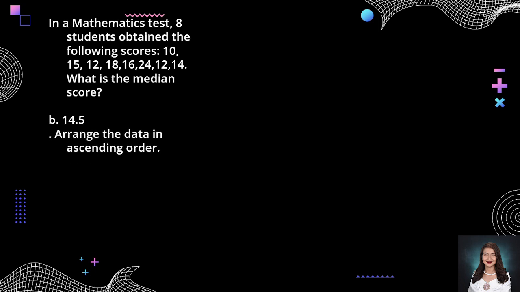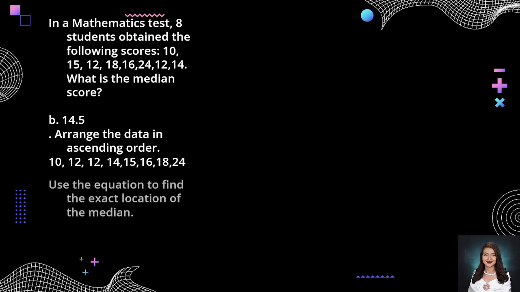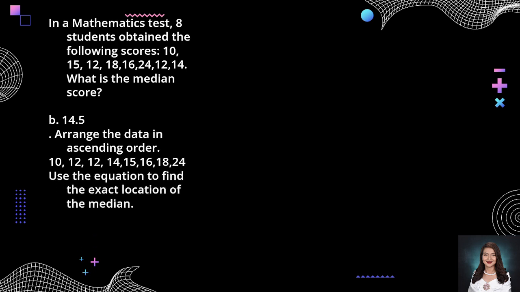First, we need to arrange the data in ascending order: 10, 12, 12, 14, 15, 16, 18, and 24. Next, we need to use the equation to find the exact location of the median. So the median place is equal to n plus 1 all over 2.